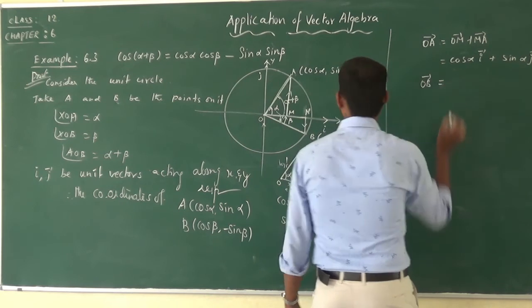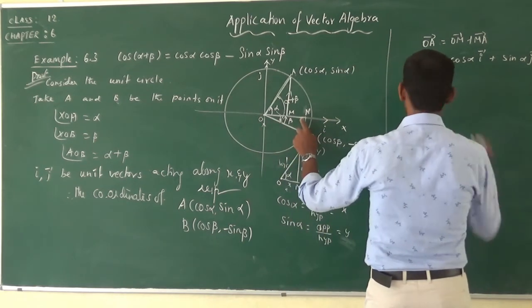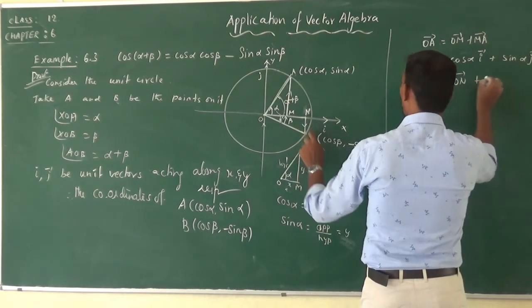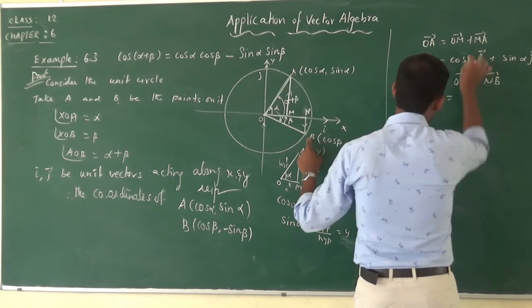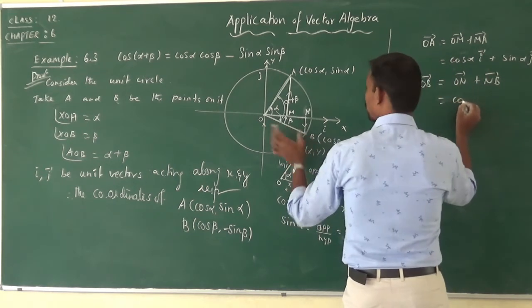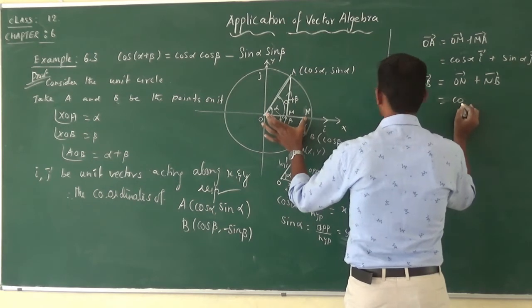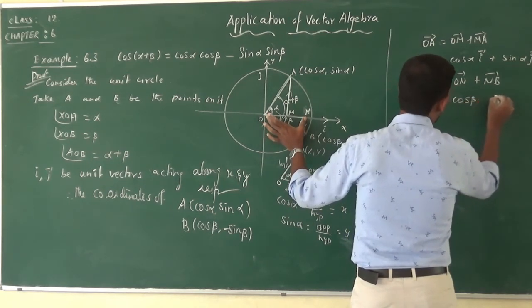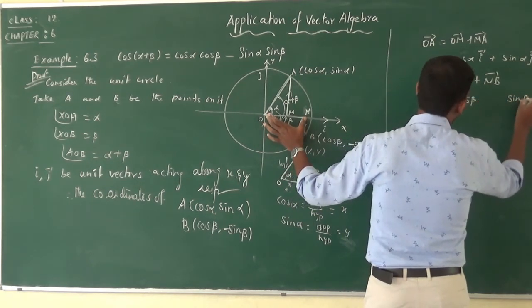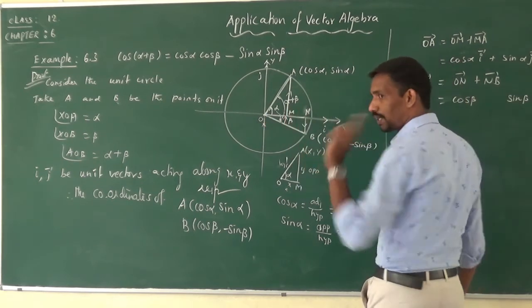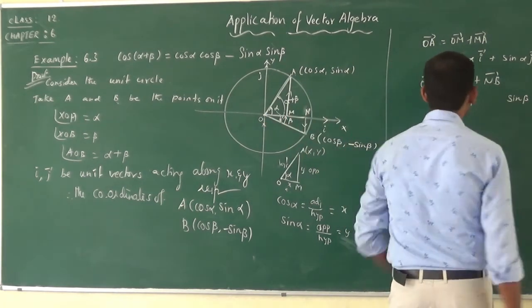Now this is OB. To get OB, I go to ON first, then the NB vector. The same way here, the horizontal distance is cos beta, and this one is sin beta. Distance is always positive, so you take sin beta.